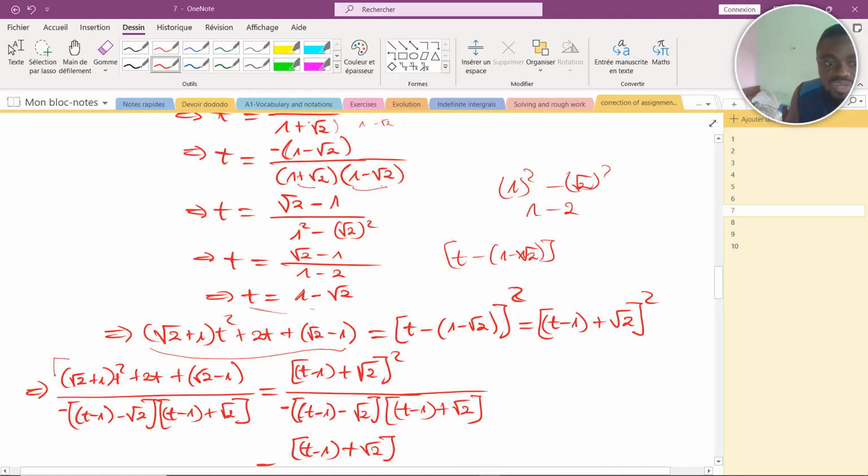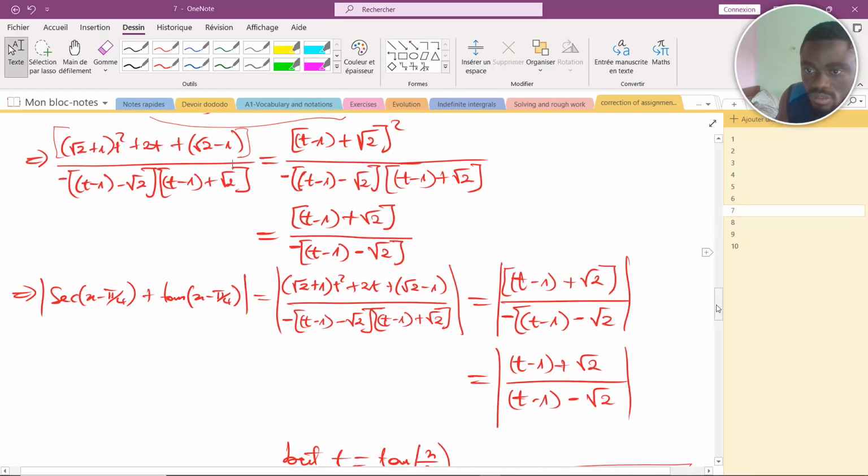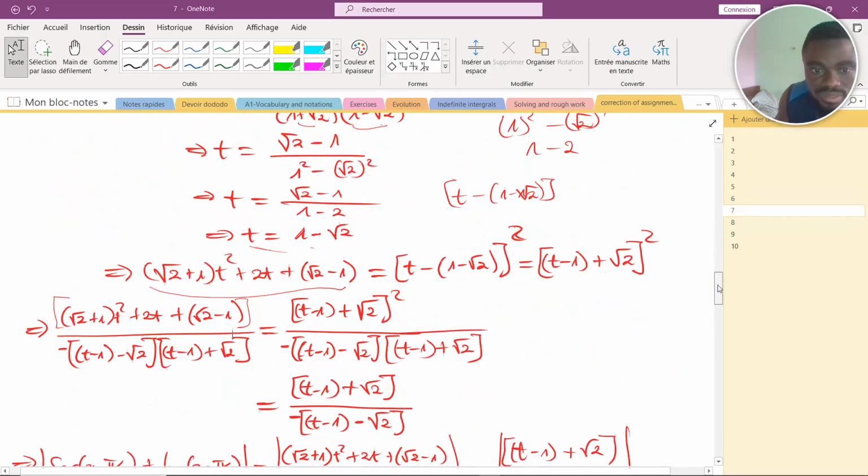So I can already write this top as t minus 1 plus root 2, all that squared, all over this, our bottom. We copy this. Now, what do you notice? You notice that this factor is the same thing here, but this one is repeated. So one of these will go with this one, and we'll be left with t minus 1 plus root 2 all over minus into t minus 1 minus root 2.